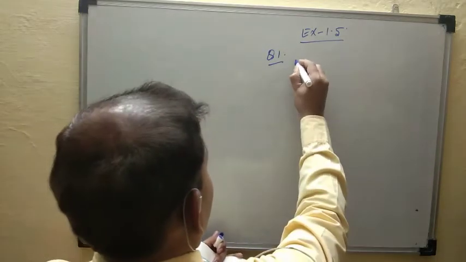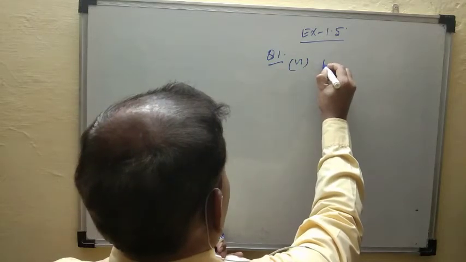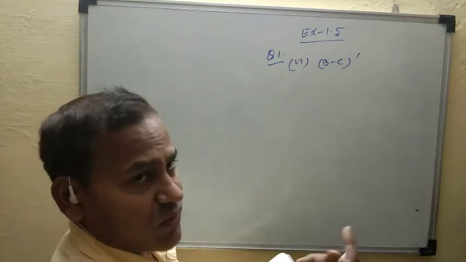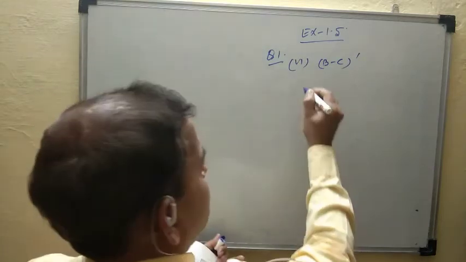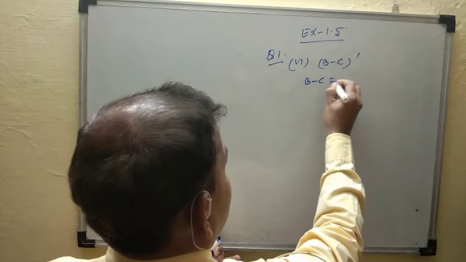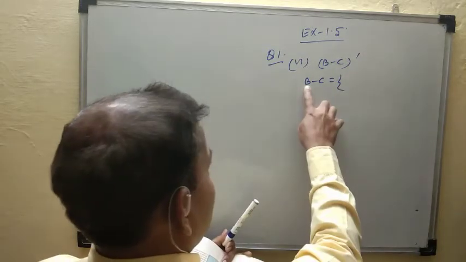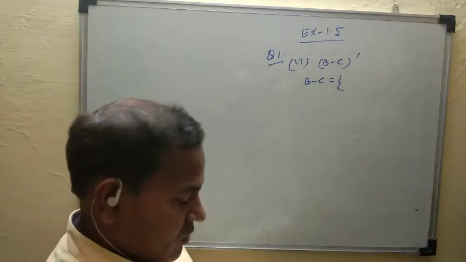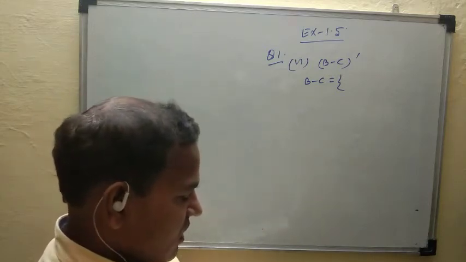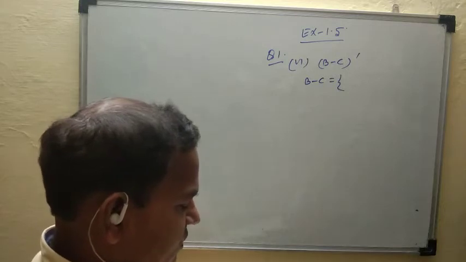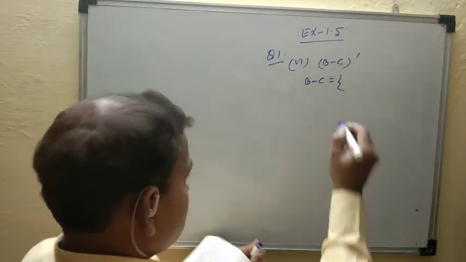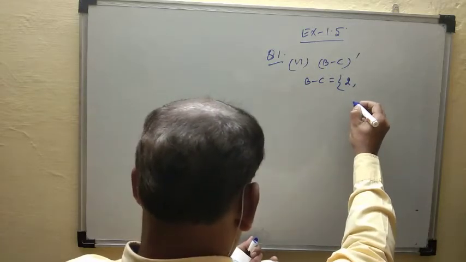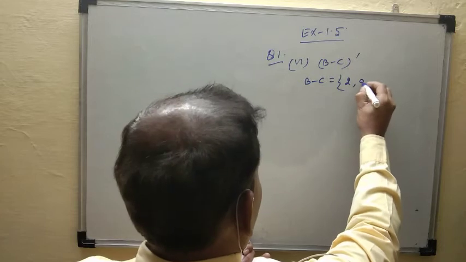From the first, to the sixth. Sixth is find B minus C whole complement. So first find B minus C. B minus C is all the elements of set B which do not belong to C. You can see the example in the book. What is B minus C? All elements of B which do not belong in C. So B minus C: 2, 4 belong, 6 also belongs, and 8.